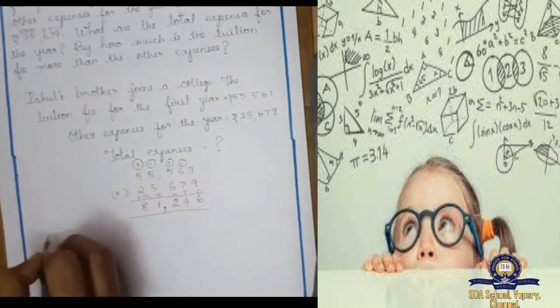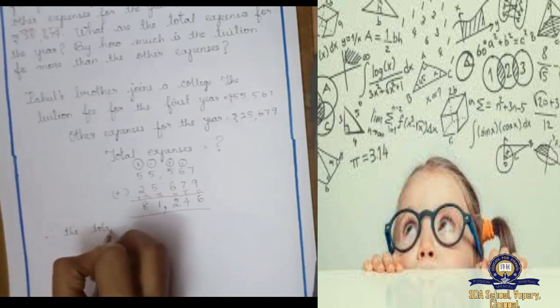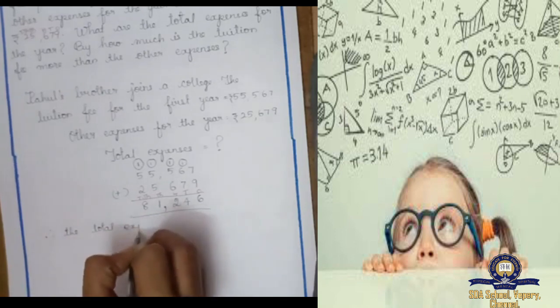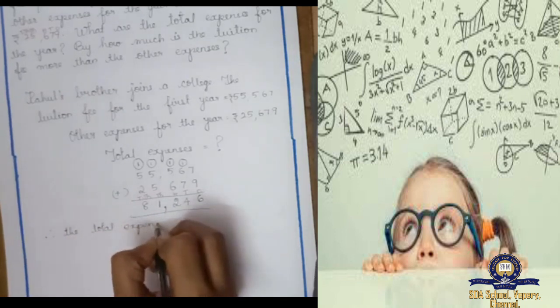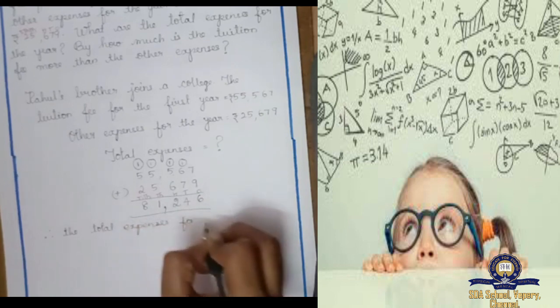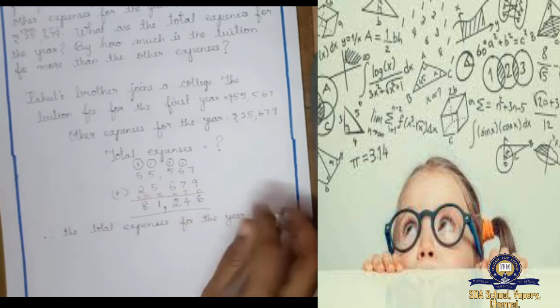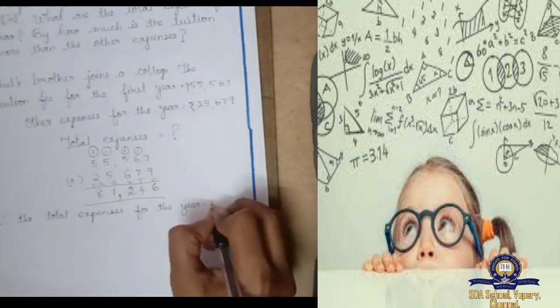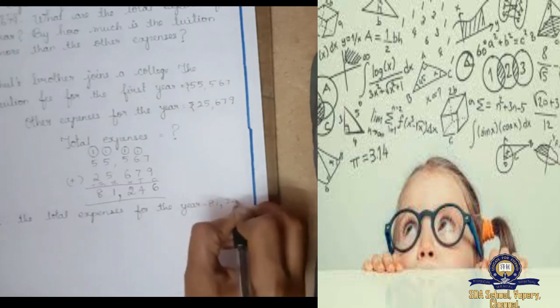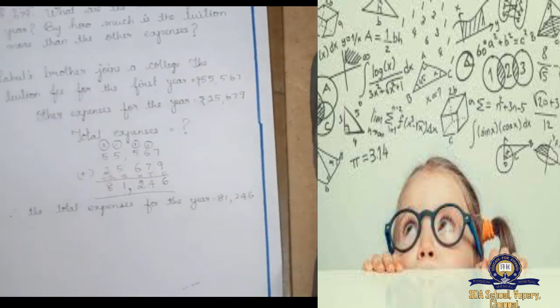Okay, so therefore the total expenses for the year is equals to 81,246. Okay, so what is the next thing?